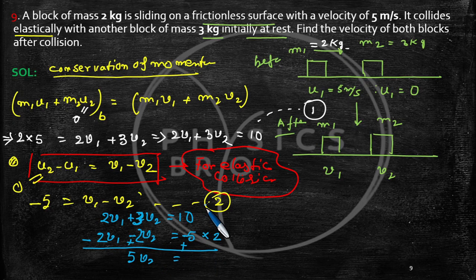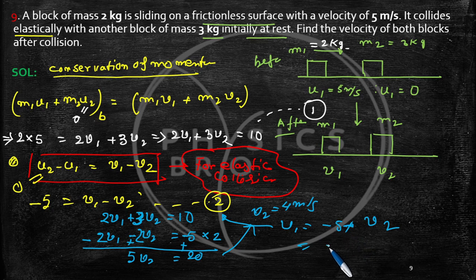From here v2 equals 4 meter per second, and easily if you put this in, you are getting v1 also. So v1 is minus 5 plus v2, that is minus 5 plus 4, which is minus 1 meter per second.